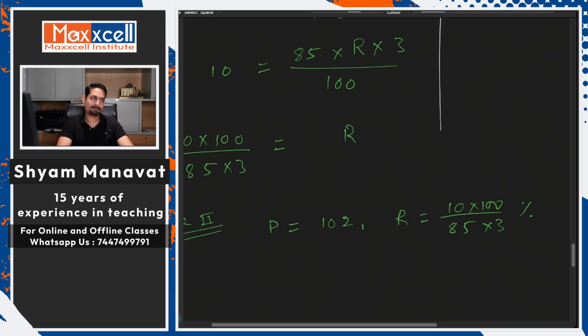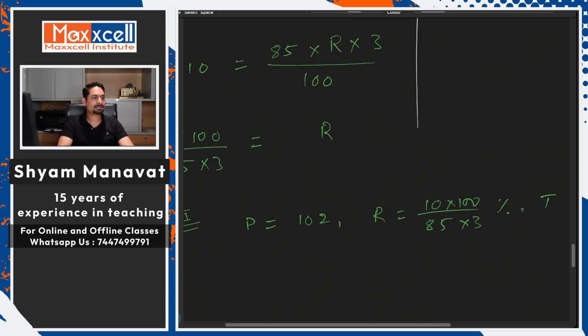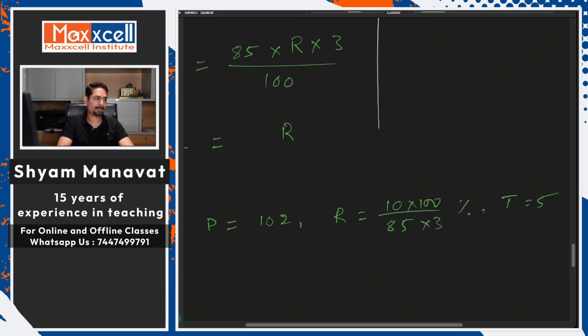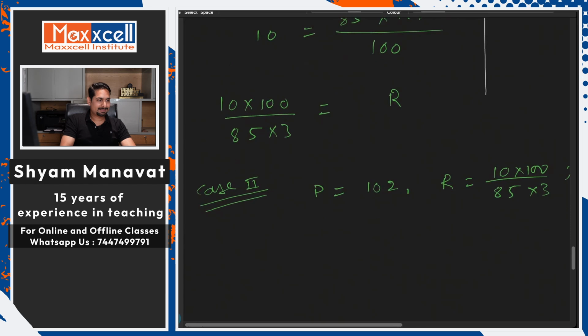Let the time come and then we do the calculation. The question says time will be 5 years. With this information, first of all, find the interest. Principal is 102, rate of interest 10 into 100 by 85 into 3.